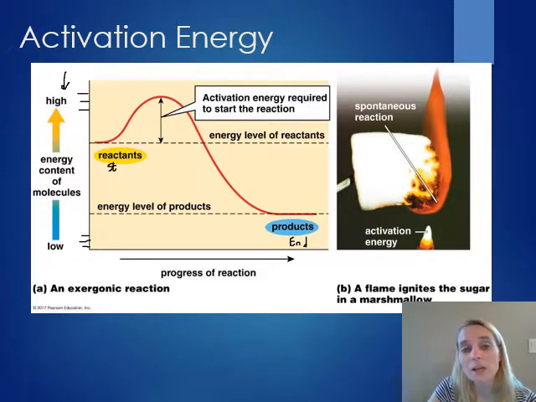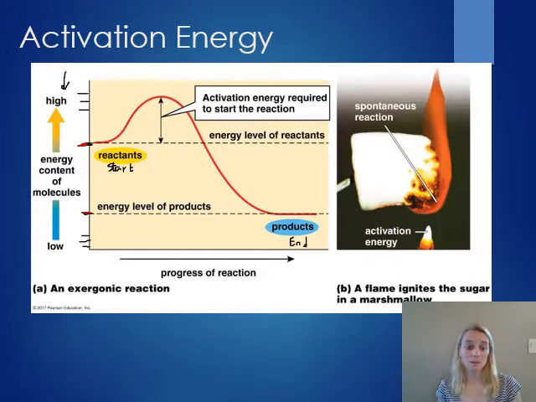So if we take a look at where our reactions start, they are right here. Comparatively, they have a higher amount of energy within their molecules. And if we come down here to where we end, here's our start, and here's our end.